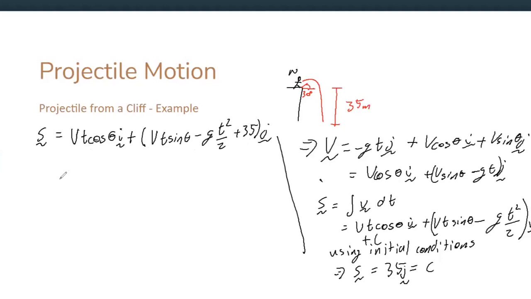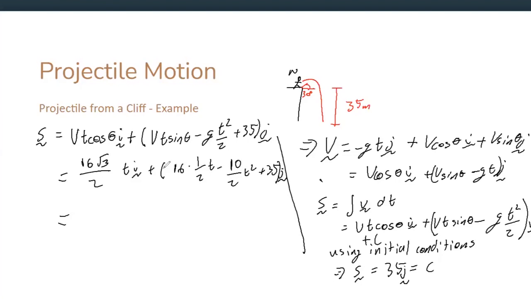So now substituting in, we just get 16 root 3 over 2, because cos 30 is root 3 over 2, t i plus 16 times 1 over 2, sorry, that should be 1 over 2, not root 2, because sine 30 is 1 over 2, t minus 10 over 2 t squared plus 35j. And that's because g was 10 from the given question.